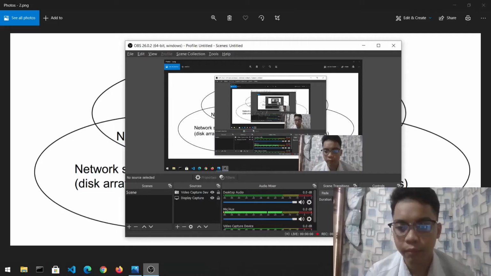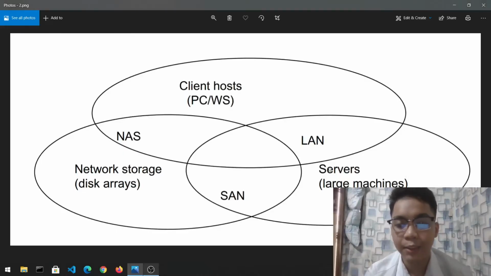So let's now go back to our screen. As you can see, there is a diagram. This diagram shows the three interconnection networks for connecting servers, client hosts, and storage devices using the LAN, SAN, and NAS. As you can see on the diagram, the nodes in a small cluster are mostly interconnected by an Ethernet switch or a local area network.